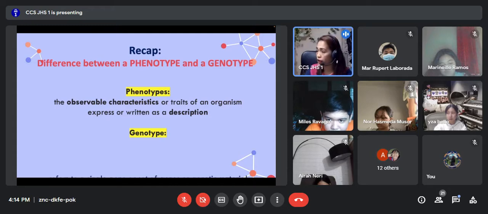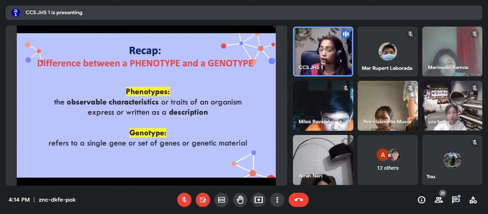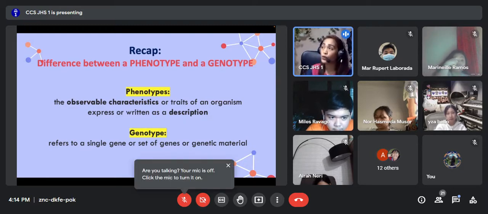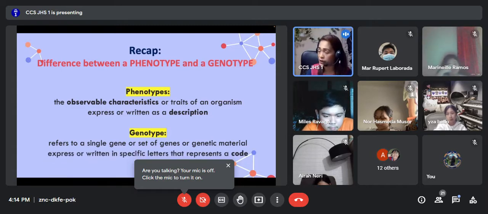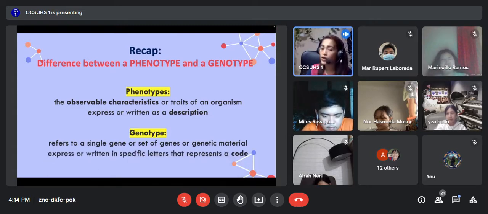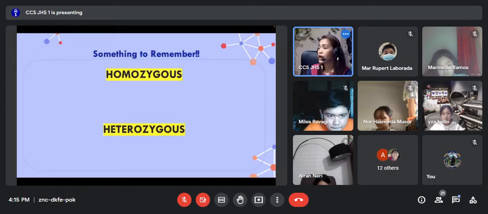When you talk about genotype, it talks about the genetic material. And of course, it's very difficult to represent the genetic material. So the best way to do that is to express it using specific letters that are used as code for the genetic material or a set of genes.